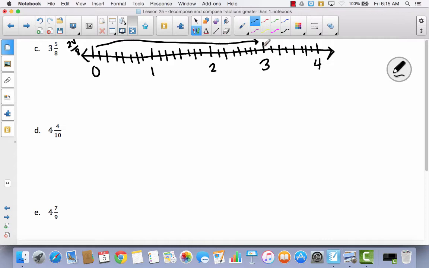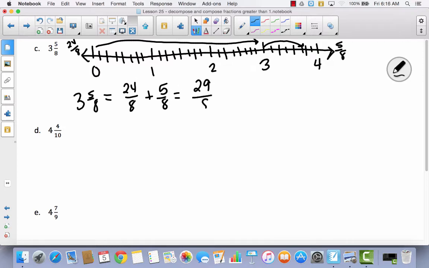And then from 3 to 3 and 5/8 would be 5 more eighths. So now I've got 3 5/8 is equal to 24/8 plus 5/8. So 24 plus 5 would be 29/8.